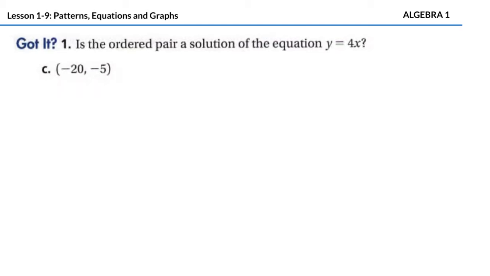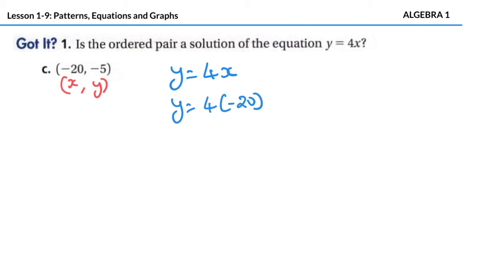Let's check this. (-20, -5). Is it a solution of this equation? So this is the value of x and this is the value of y. So we have the equation y is equal to 4x. Plug the value of x. Y equal to 4 times negative 20, which is y equal to negative 80.